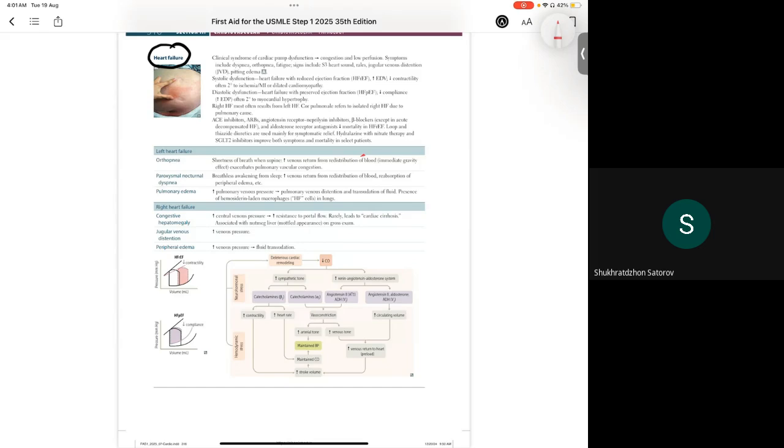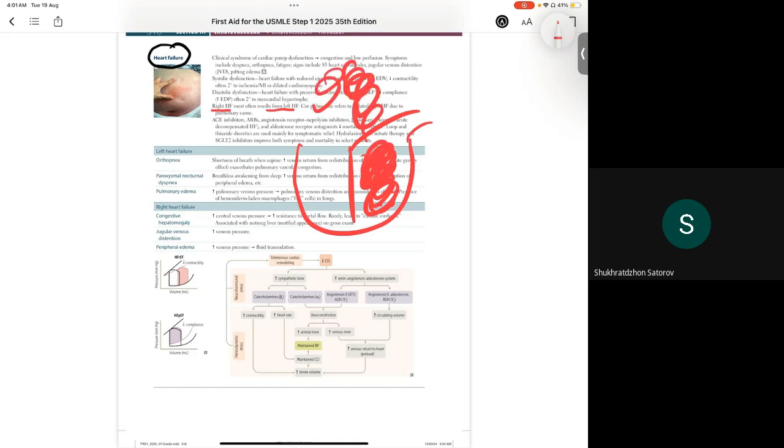So you can see that we can have right-sided heart failure as well, which results from left-sided heart failure. If the left side fails, it does not pump blood. The blood is going to pool back within the lungs, then within the right ventricle, then in the right atrium. Am I right?